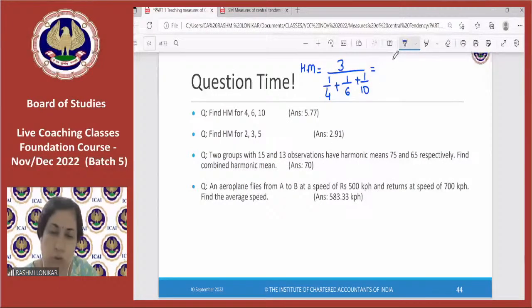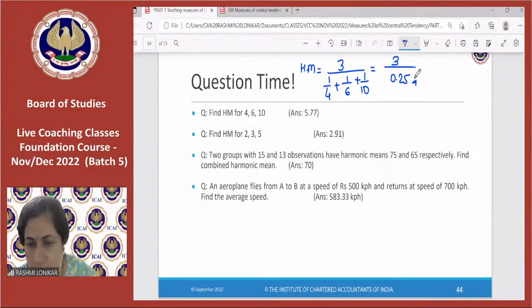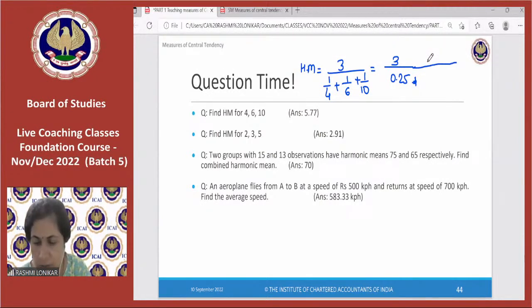So 1 upon 4 is 0.25. 1 upon 6 is 0.167. Plus 1 upon 10 is 0.1. Adding 0.1 plus 0.167 plus 0.25, this is equal to 3 upon 0.517. 3 divided by 0.517 is equal to 5.80.